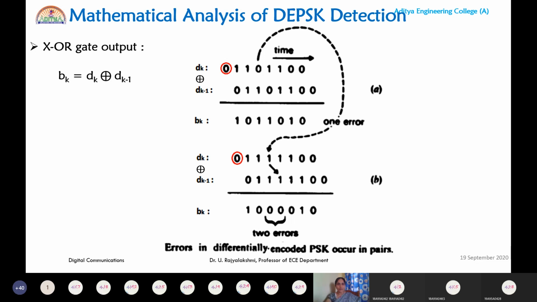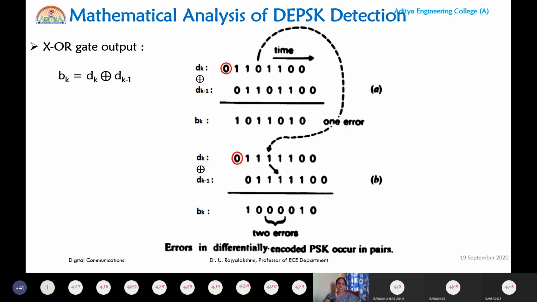In section A, we got 1, 0, 1, 1, 0, 1, 0. But with the 1 bit error, the XOR operation gives 1, 0, 0, 0, 0, 1, 0. So only 2 errors, and the error has not propagated, as in the case of DPSK.